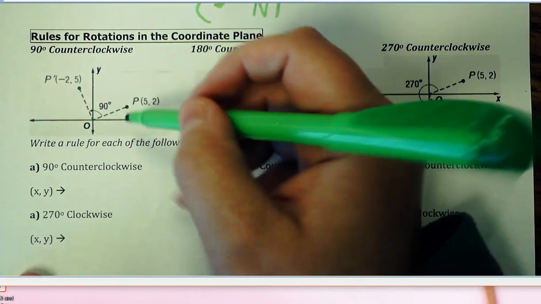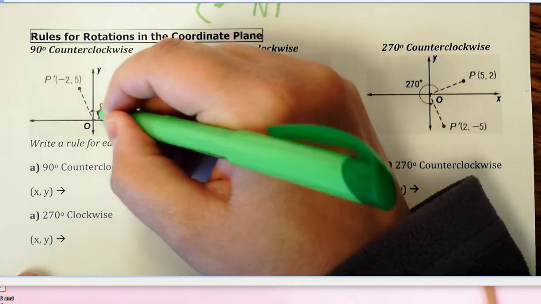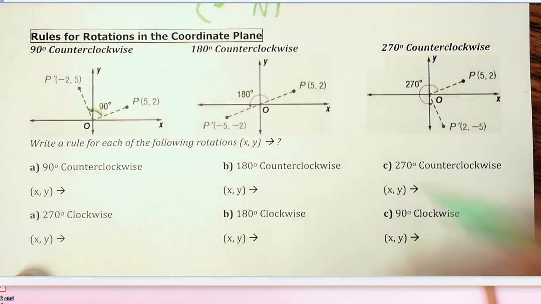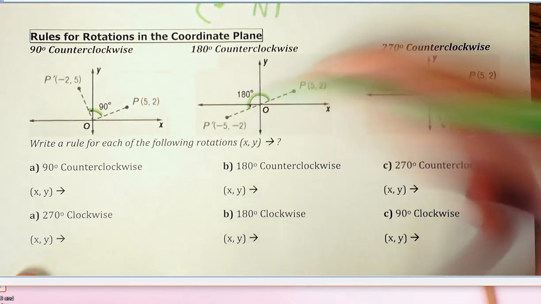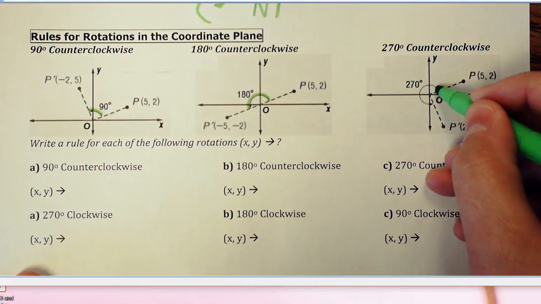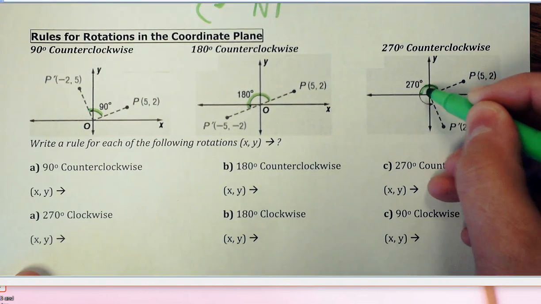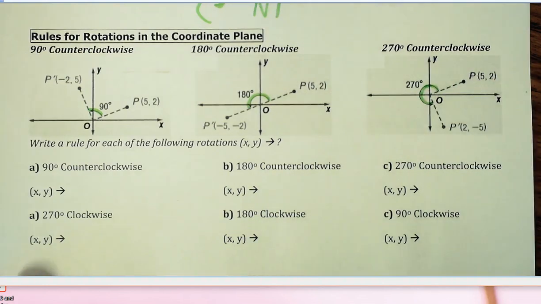So this is making a 90-degree angle counterclockwise with the origin. 180 is just a straight line, and then 270, half of that would be 180, and then 90 degrees more is 270. So some of these have the same rules. We'll get into that in 1 second, but I would keep this handy while you're working on the homework so you can look at these rules.